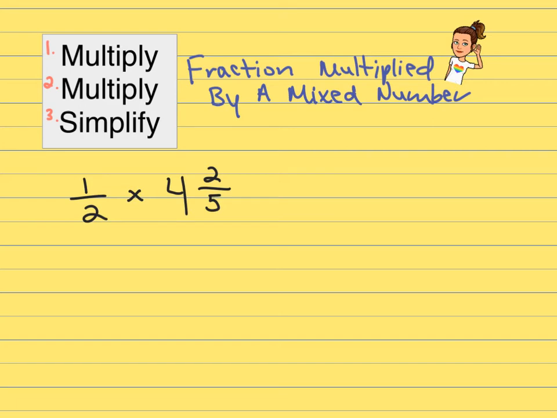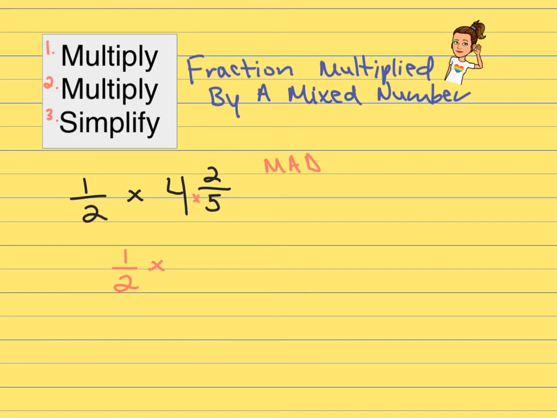I'm going to write 1/2, but I'm going to change this mixed number to an improper fraction, or a fraction greater than 1. If you want to think of the acronym MAD, that might help you remember how to change a mixed number to an improper fraction. First, we multiply.